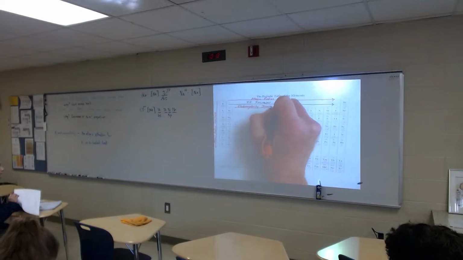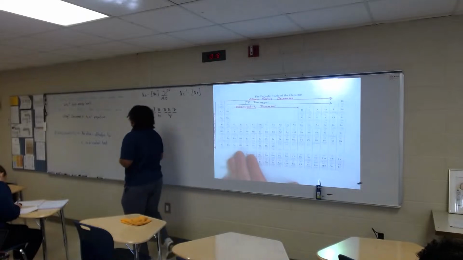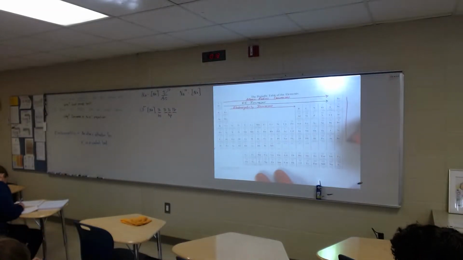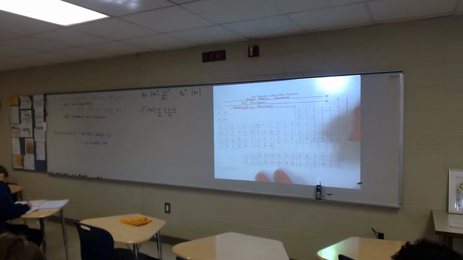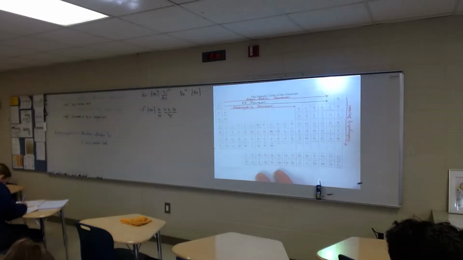Dang it, that's false. Anyway, it increases going across. Going down a group, electronegativity decreases.